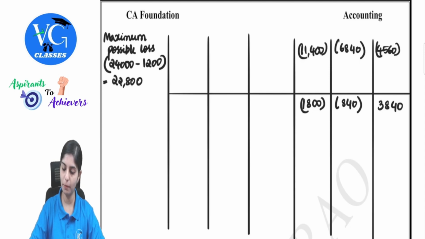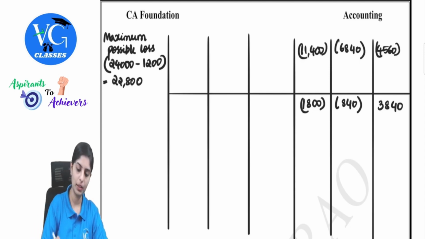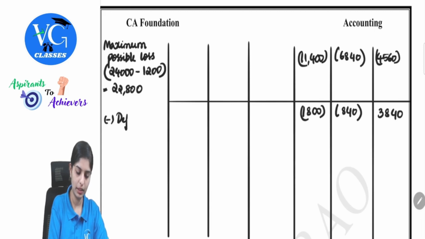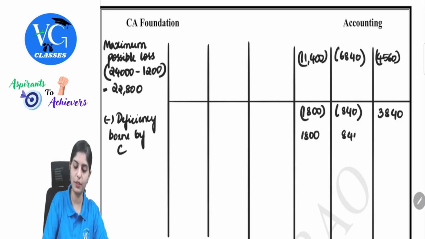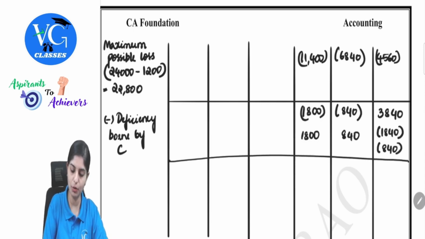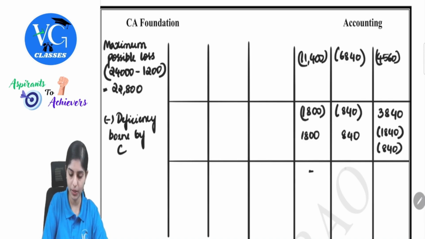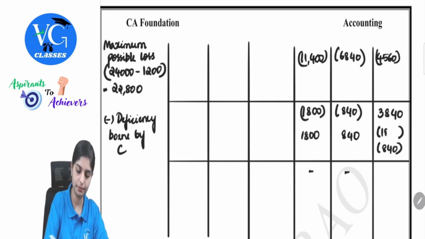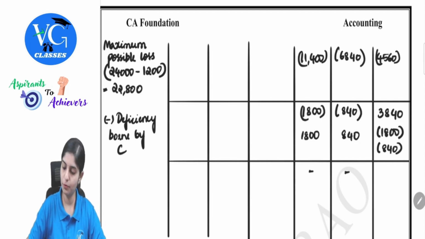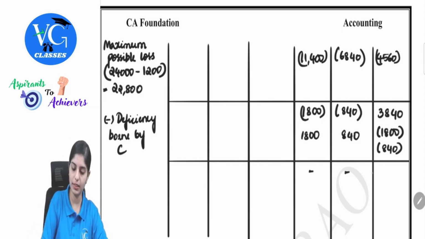So 3,840 minus 1,800 minus 840, the deficiency borne by C. After this, A's balance will be 0 and B's balance will be 0. 3,840 minus 1,800 minus 840 is 1,200.